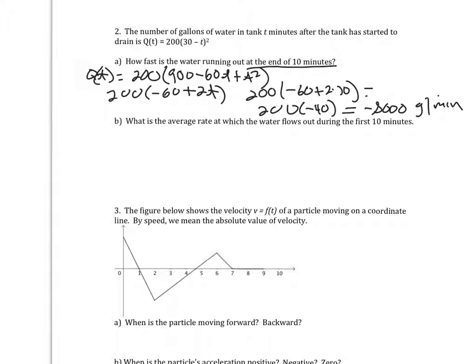Okay, the average rate of change at which the water flows out during the first 10 minutes requires us to figure out how much water is in the tank at the beginning, when T is equal to 0, and when T is equal to 10. So when T is equal to 0, we end up with 200 times 30 minus 0 squared, or just 200 times 900, which is going to give us 180,000.